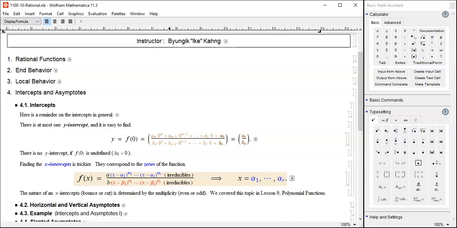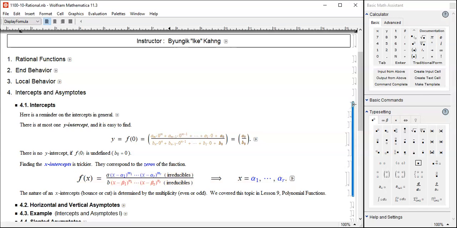The numerator and denominator may interact with each other, as we saw in an example from section 1 of this notebook. And there will be several more as a matter of fact. So work out the numerator and denominator at the same time and simplify to the lowest terms, and then work out the zeros from the numerator. Okay, so much for the intercepts.